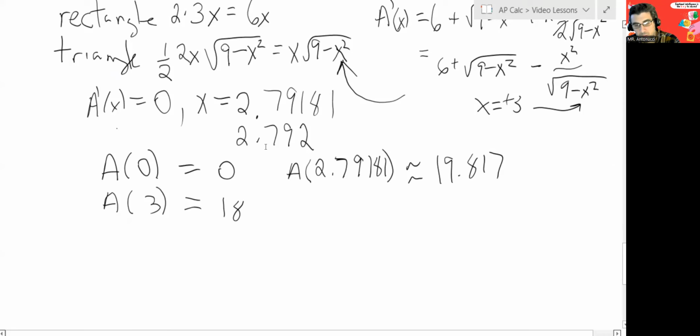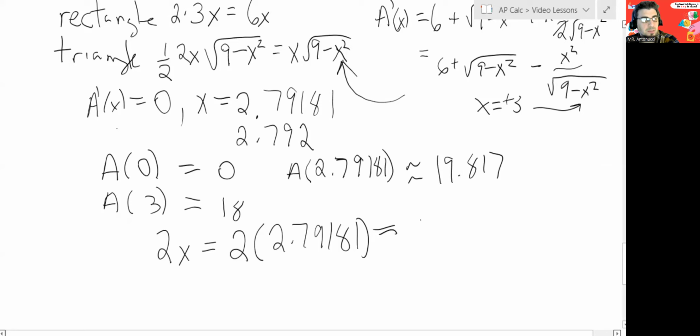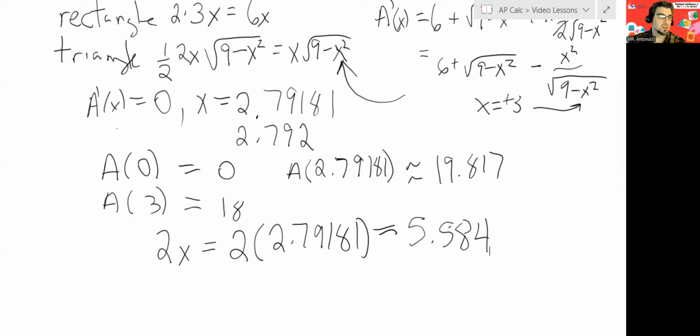The wall length was 2x. So that's 2 times 2.79181, which ends up being 5.584. That's going to more than double the play area. So that is going to be our optimal dimensions for the play area for that one.